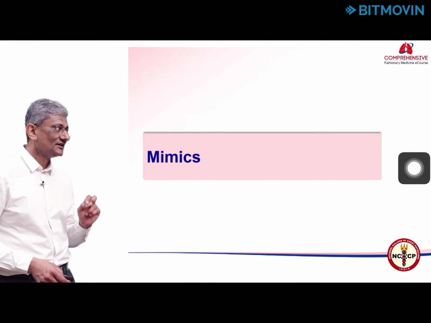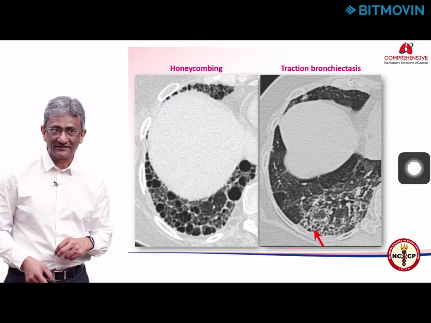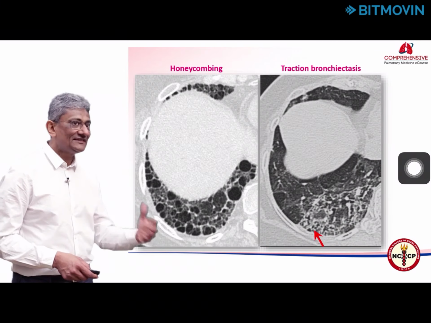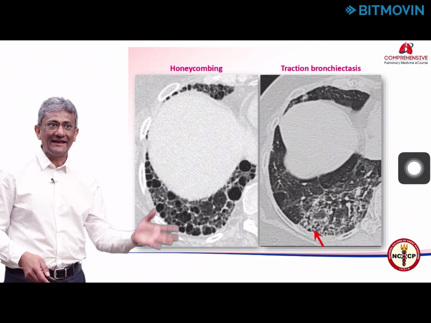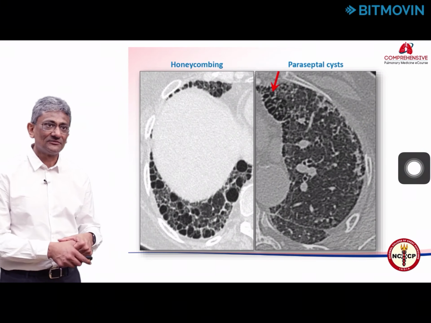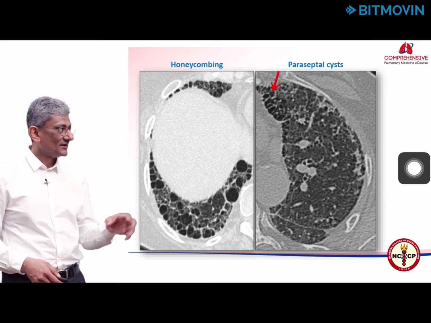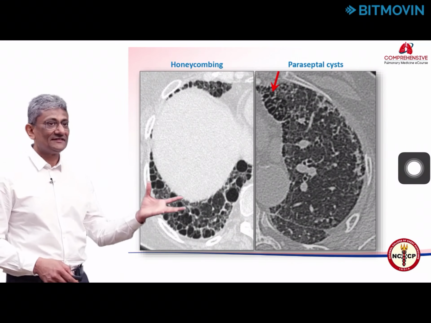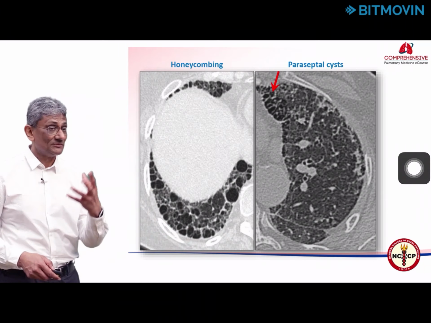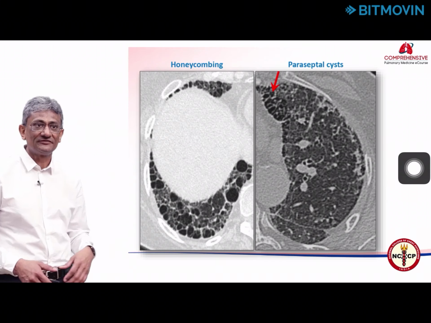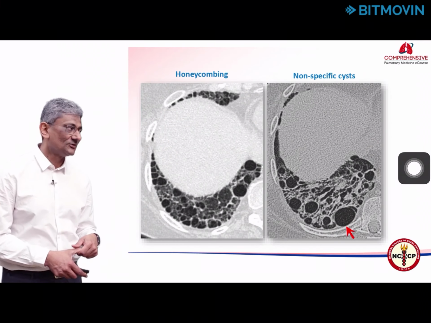So, on the right here, we see traction bronchiectasis that almost looks like microcystic honeycombing, but you can trace these to the bronchioles, and these do not share walls, but we will talk more about traction bronchiectasis later. In smokers, as you can see here on the right, we have paraseptal emphysema. This will be a single layer typically seen in the upper lobes, and we should be able to differentiate this from honeycombing.